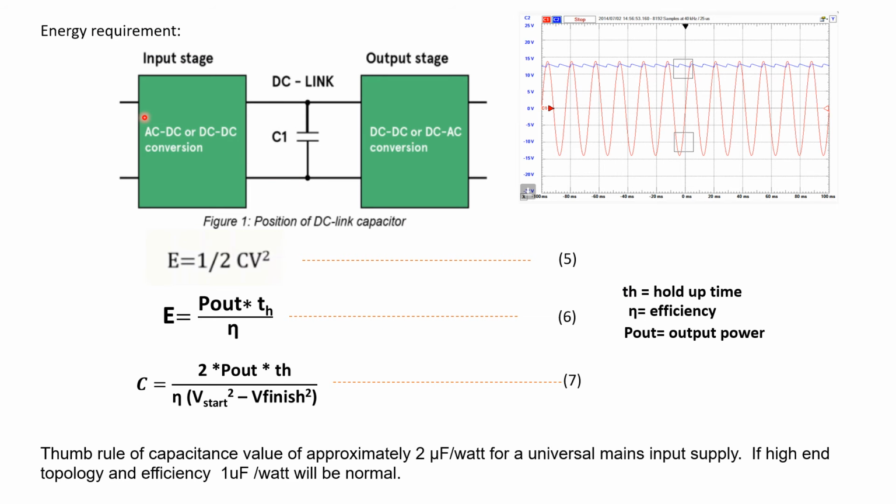Now next, you have done the smoothing capacitors, but sometimes there is an energy requirement, because your input may not supply the load, since the load keeps varying. Suppose you have a single phase supply at 50 hertz, it means one complete cycle every 20 milliseconds.